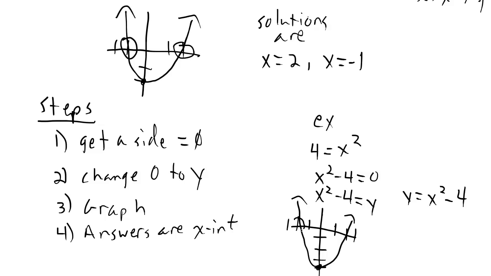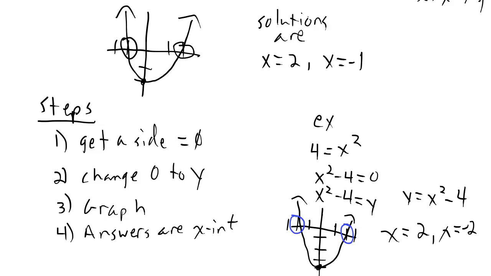So, what are our x-intercepts? Well, our x-intercepts are right here and right here. So our solutions, or our answers, are x is equal to 2 and x is equal to negative 2.